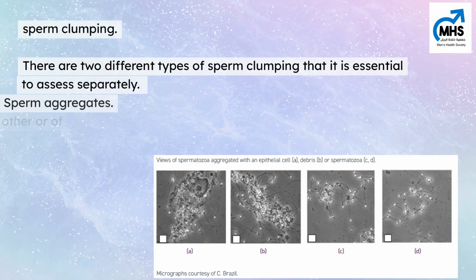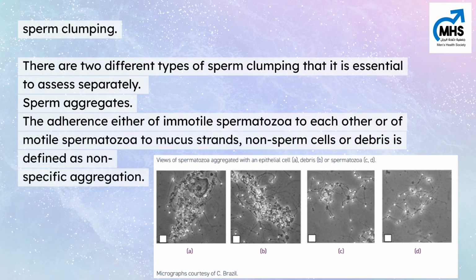Sperm clumping. There are two different types of sperm clumping that it is essential to assess separately. Sperm aggregates. The adherence either of immotile spermatozoa to each other or of motile spermatozoa to mucous strands, non-sperm cells or debris is defined as non-specific aggregation.